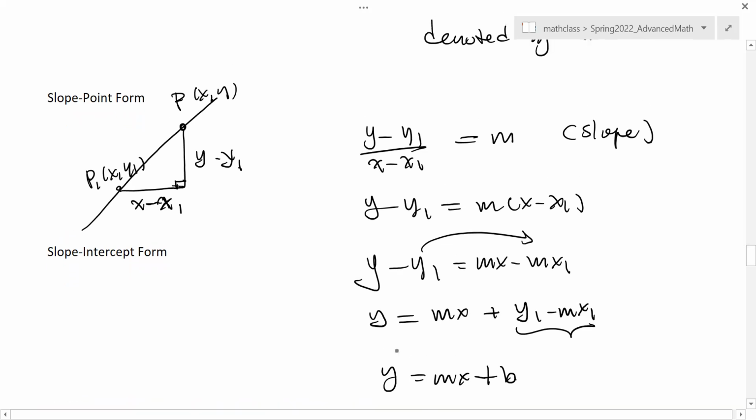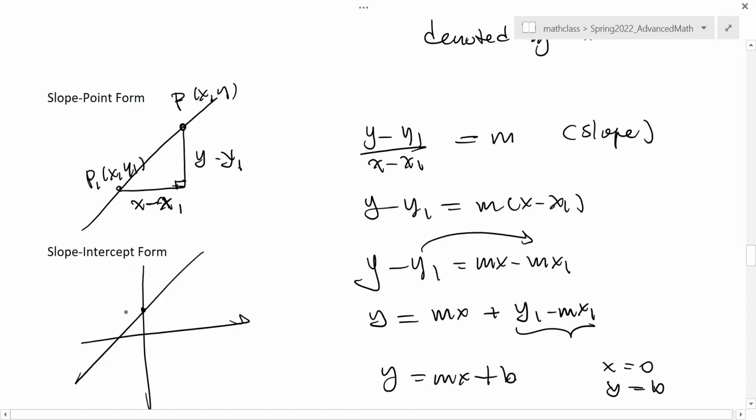The y-intercept, because when x equals 0, y equals b. So this is a point on the line, and if you look at the picture here, that's b. So that's why I call b the y-intercept. This is the equation which describes the coordinates of points on the line. And if you know the y-intercept and the slope, you can get the equation.